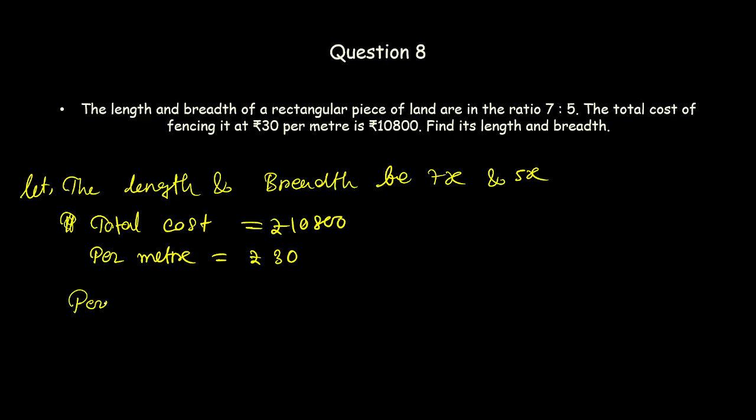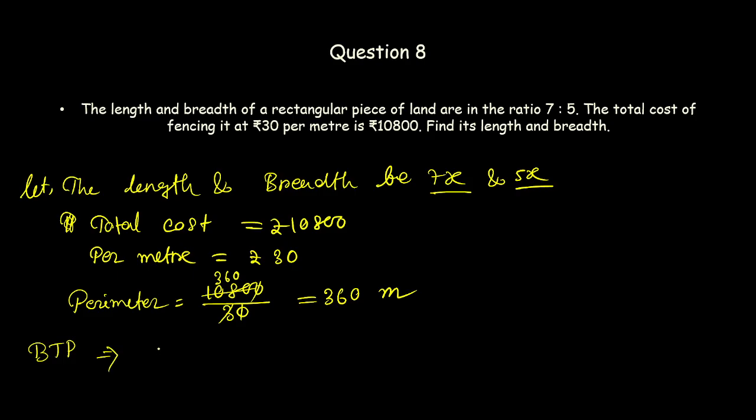Therefore the perimeter will be 10800 divided by 30, the zeros cancel out, and this is 360, that is 360 meter. Now you know the perimeter, and we know the length and breadth as well, we need to find the value of x, right? So by the problem, the formula is 2 into length plus breadth, length is 7x plus 5x, that is the perimeter, and the perimeter is 360.